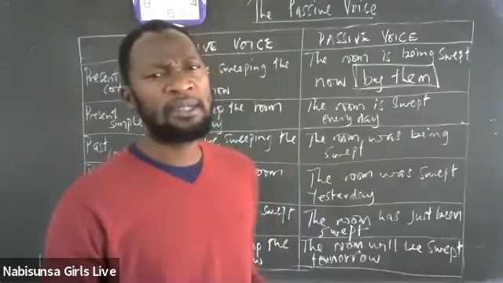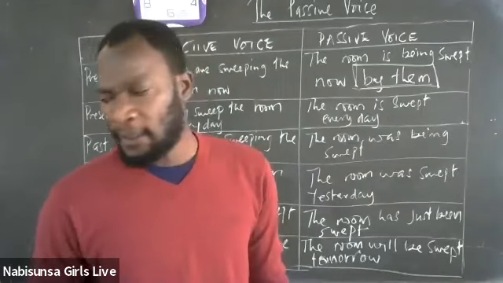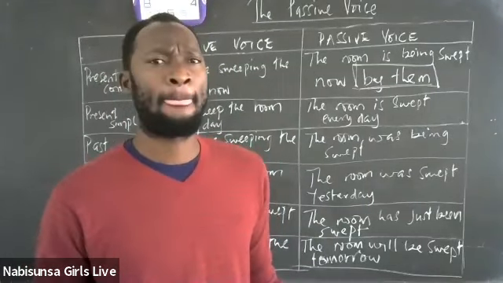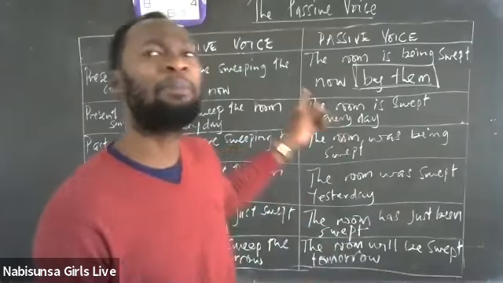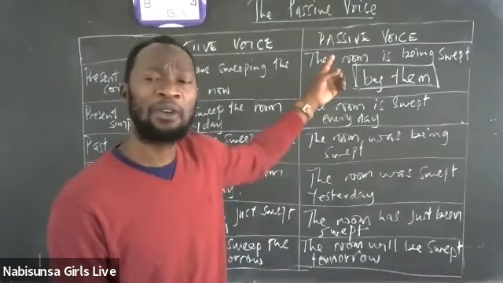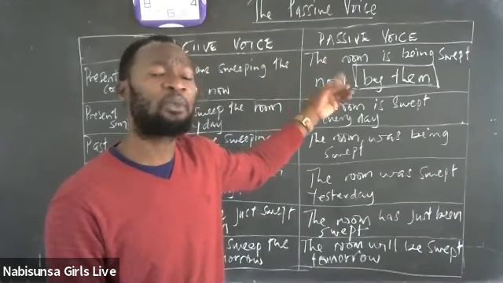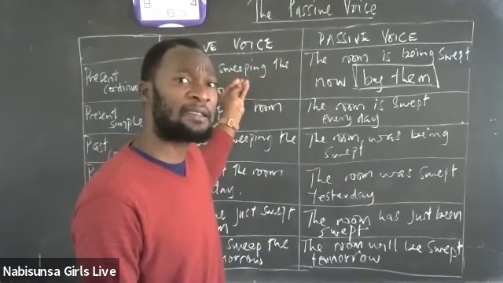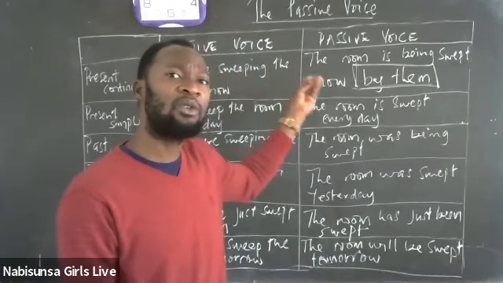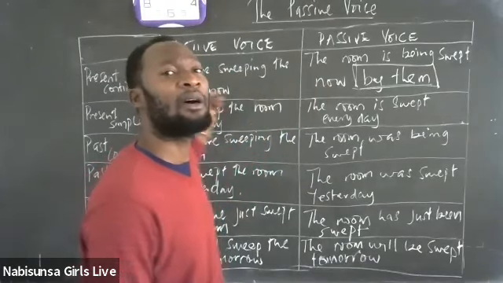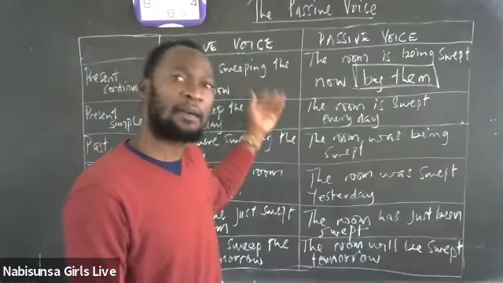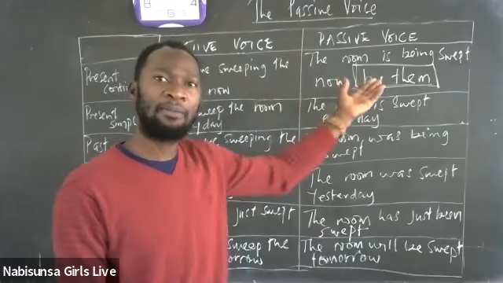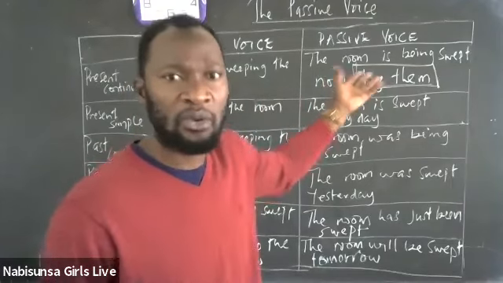But even when we use it, it does not cause alarm. What is important is that in the passive voice, the trick is that we forget the subject of the sentence, and then what was the object now becomes the subject. So "by them", you can either use it or you may not use it.